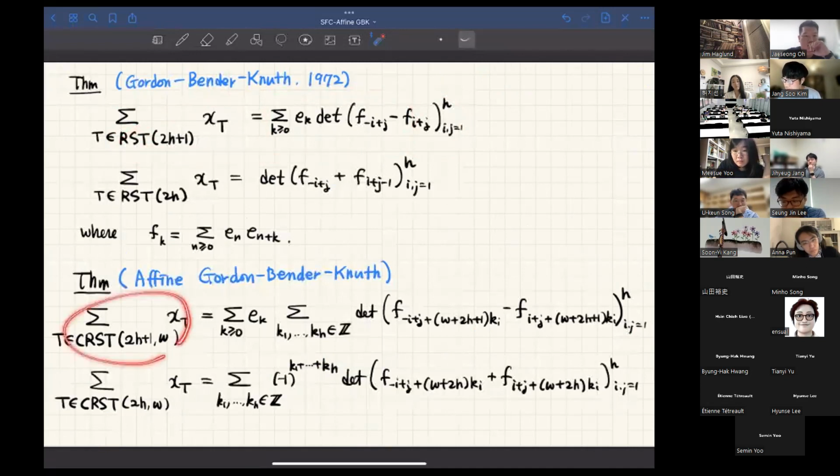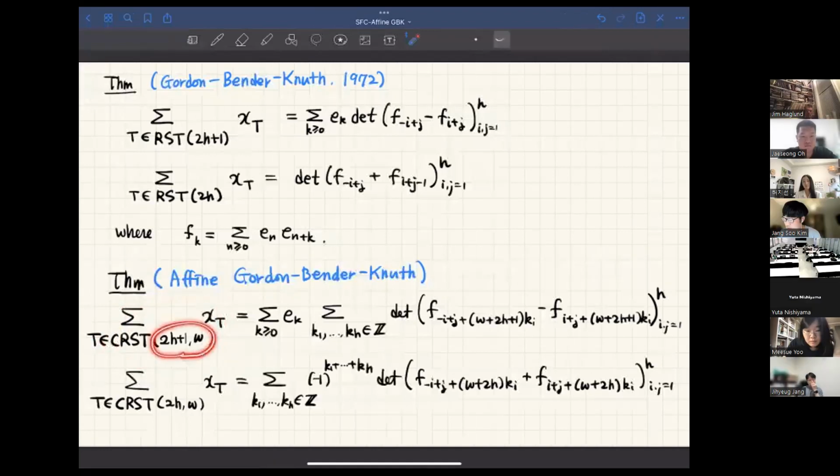So this is the sum of cylindric Schur functions, or combinatorially, the sum of all cylindric (2h+1, w) cylindric row-strict tableau equals a similar sum of determinants.